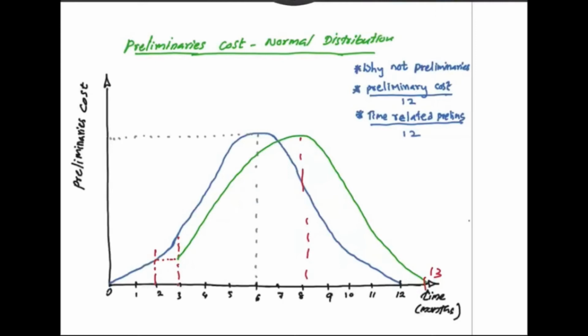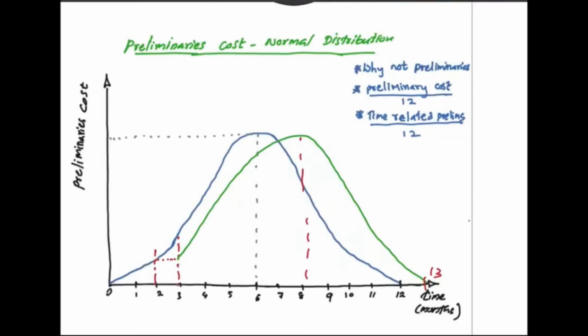Also, when the delay event happens, he has a duty to mitigate it, and he may not have continued with his resources as previously planned. Therefore, the cost of preliminaries that he actually had may be lesser than what he has planned, and it will not be accurate if we take the preliminaries from the BOQ.